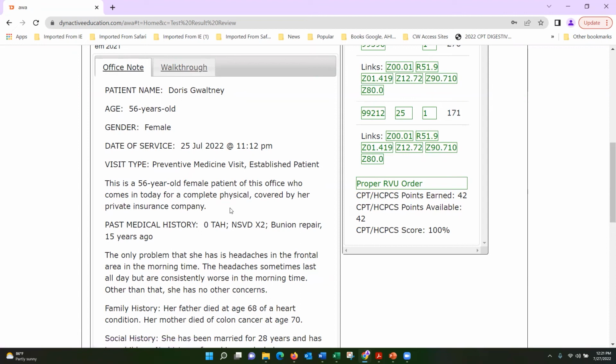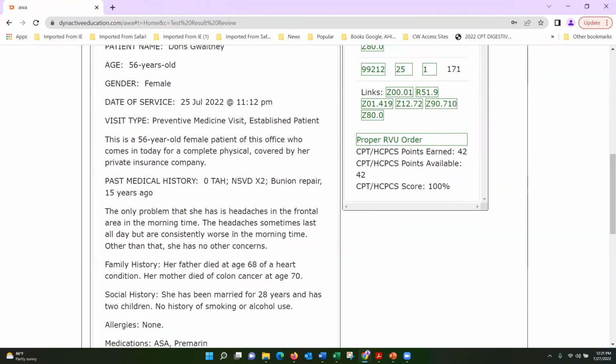Okay, let me try to explain this. She is strictly here for her annual exam; her insurance company, for whatever reason, has sent her. In this annual exam, she complains of this headache, and the physician is concerned about it enough to order blood work and possibly a CT.